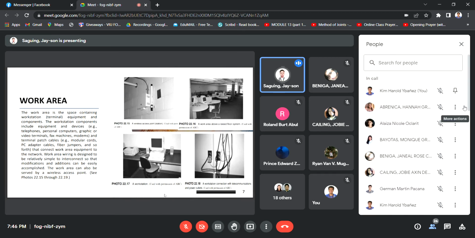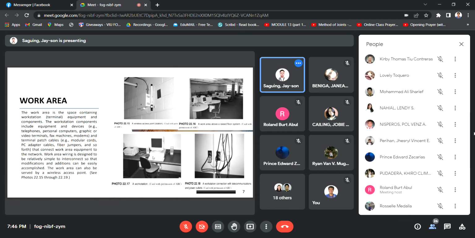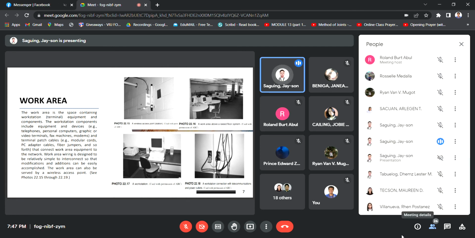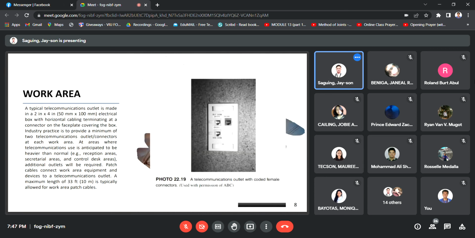In photo 22.17, a workstation, with computers and so on. In photo 22.18, a workstation connection with telecommunications and power outlets. While photo 22.19, a telecommunications outlet with coded female connections.